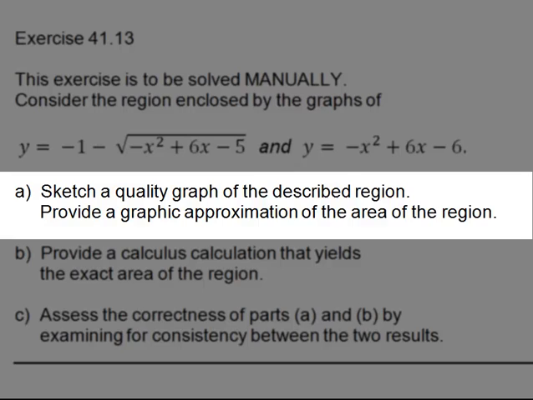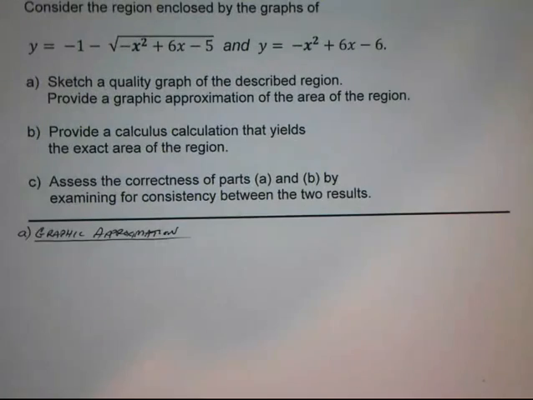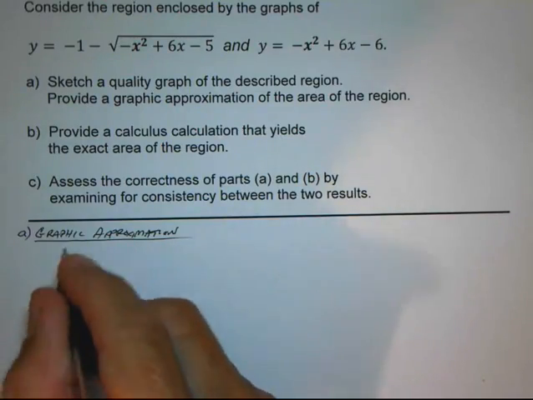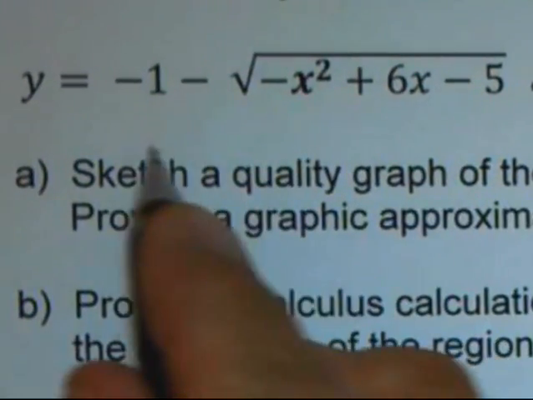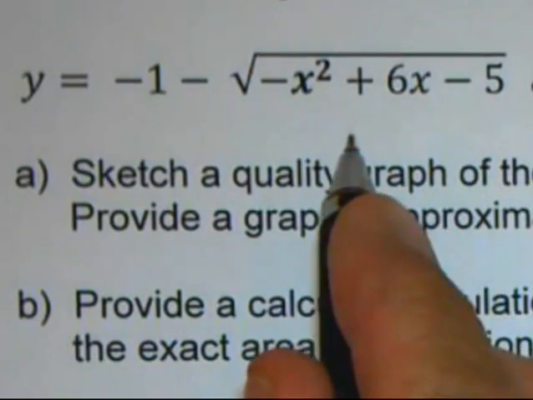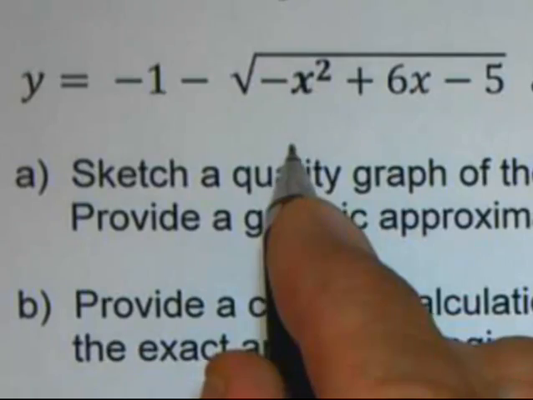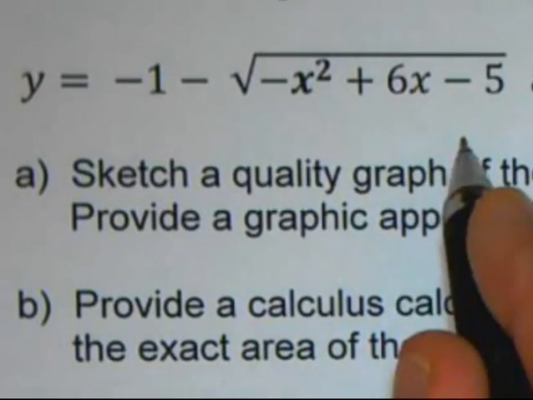Part A. Sketch a quality graph of the described region. Provide a graphic approximation of the area of the region. Let's try to figure out what sort of graphs we have here. For this function on the left, recognize this as being a function having the form y equals 2 a square root of a quadratic expression in x.